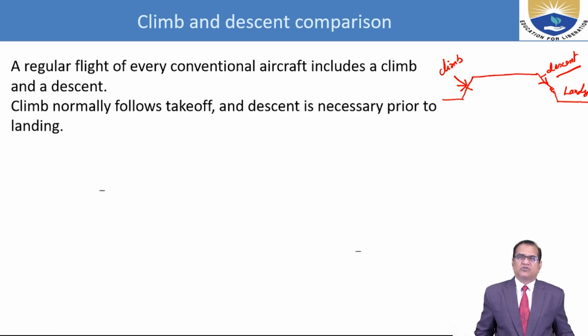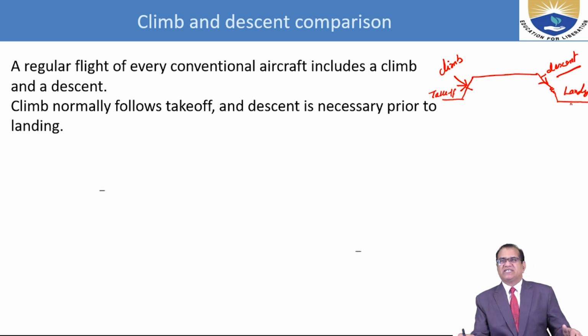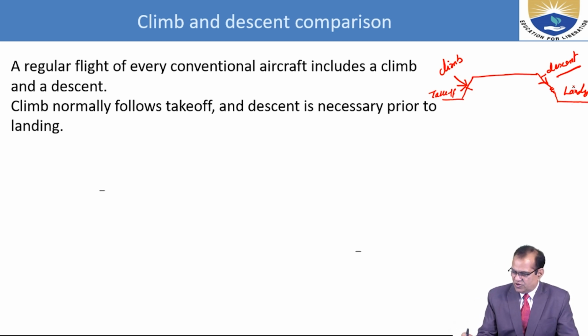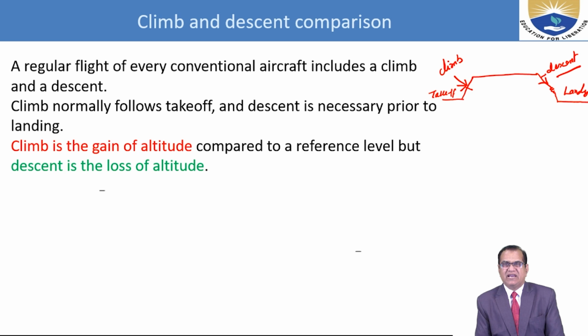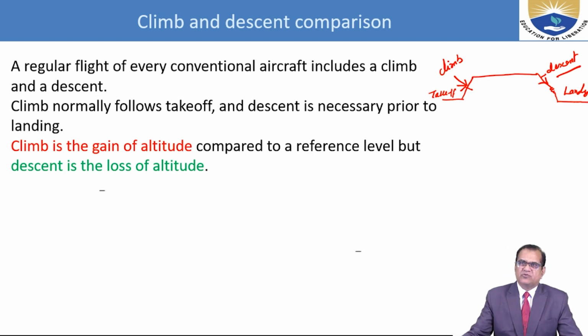Climb normally follows takeoff. So this is the takeoff and here is the landing, and descent is necessary prior to the landing. So to land, first the aircraft has to descend. That is the requirement. After takeoff is the climb, and before landing is the descent. Climb is the gain of altitude compared to a reference level, but descent is the loss of altitude.